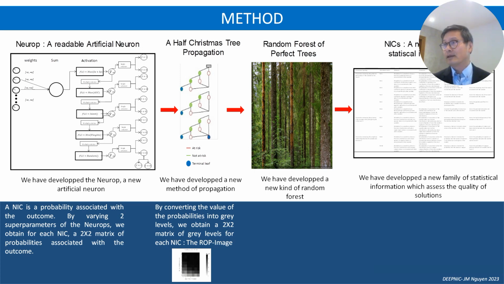So we can convert this probability into gray level, and you have an image.